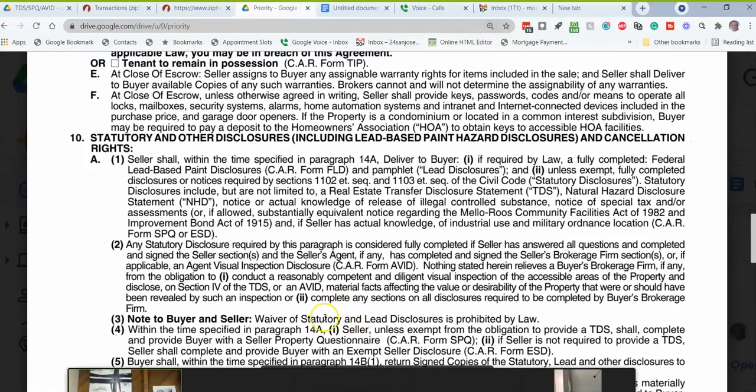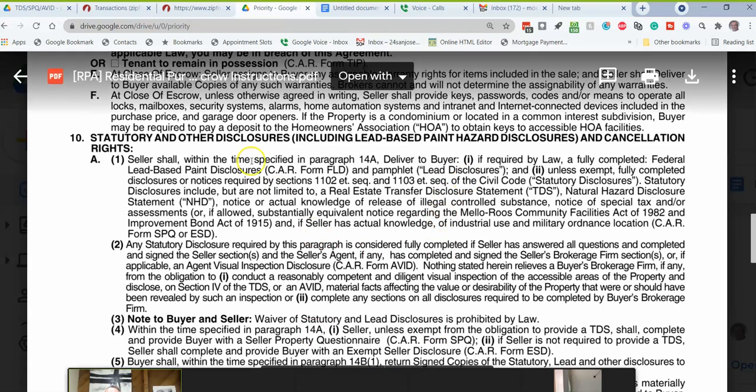So what I do say, and by the way, it wouldn't hurt you to take a copy of the residential purchase agreement and print it out. Or I use highlighters and things like that involving PDF, whatever makes you happy. My suggestion is, if you really want to know what this document says, go through with the green highlighter and find everywhere where it says seller shall.